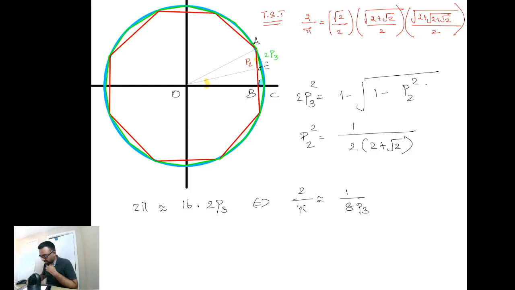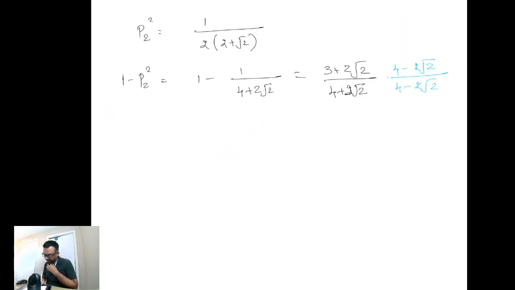So 4 minus of 2 root 2 divided by 4 minus of 2 root 2. What does this give me? The numerator will become 12 plus 8 root 2 minus 6 root 2 minus 8 divided by, here it is 16 minus 8. So this becomes 12 minus 8 is 4. 4 plus 2 root 2 divided by 8.